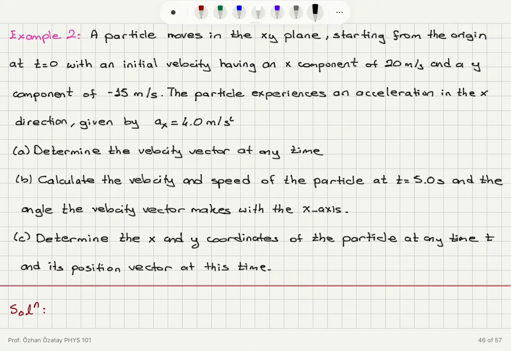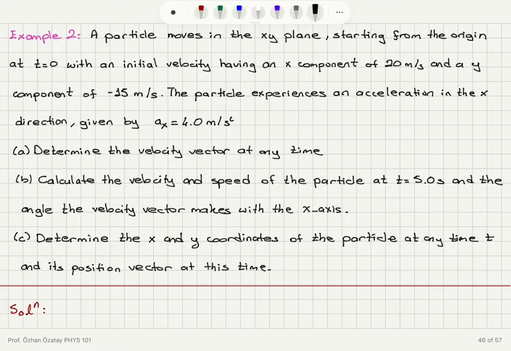Now let's look at another example. A particle moves in the xy plane starting from the origin at t equals 0 with an initial velocity having an x component of 20 meters per second and a y component of minus 15 meters per second. So clearly this is two-dimensional motion.